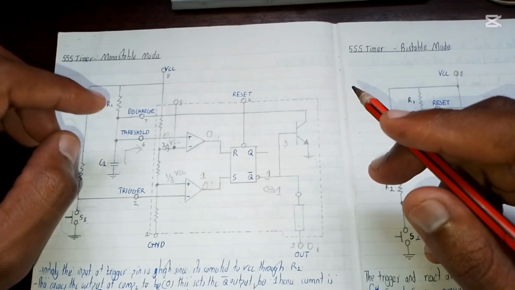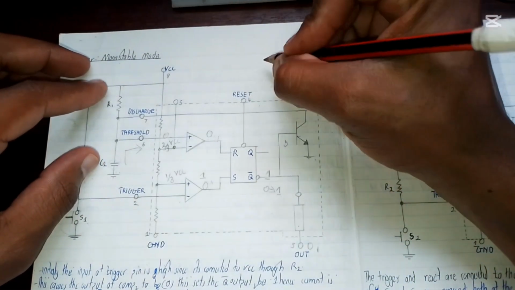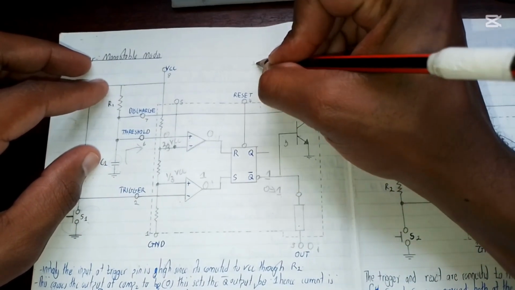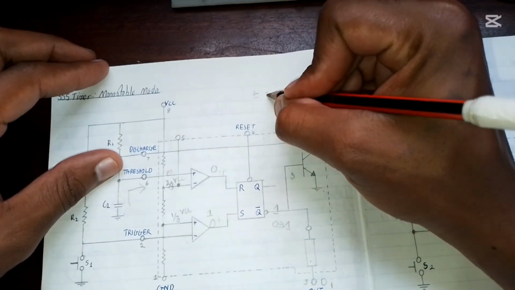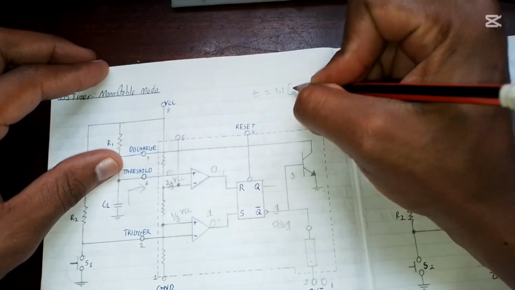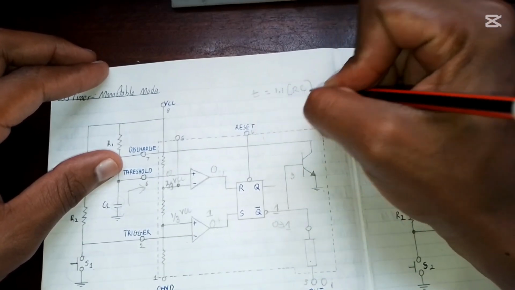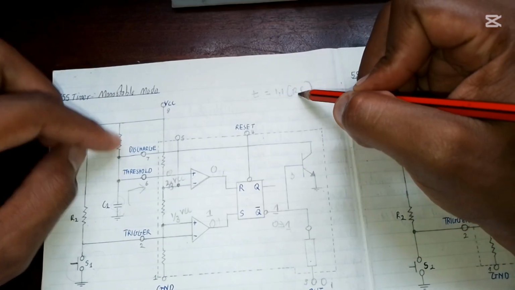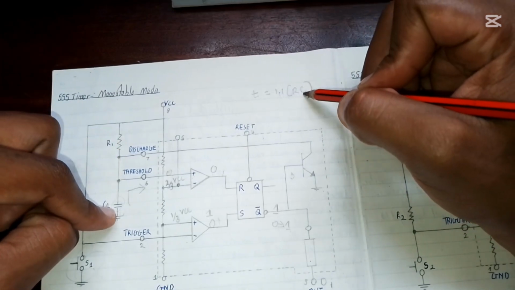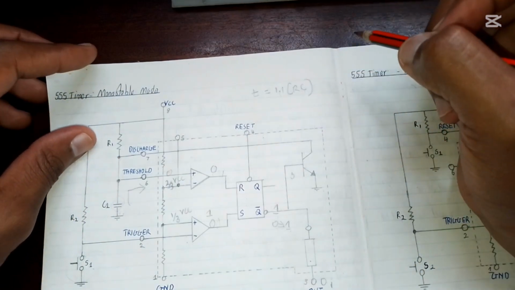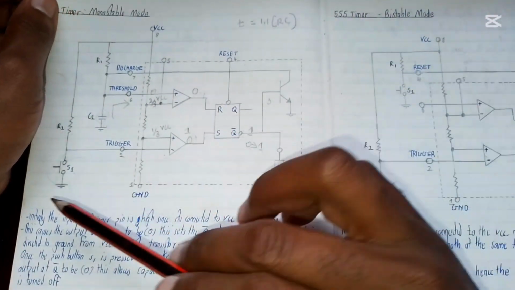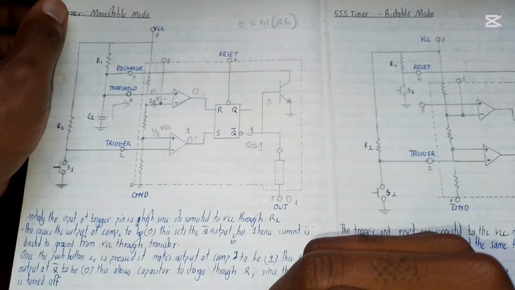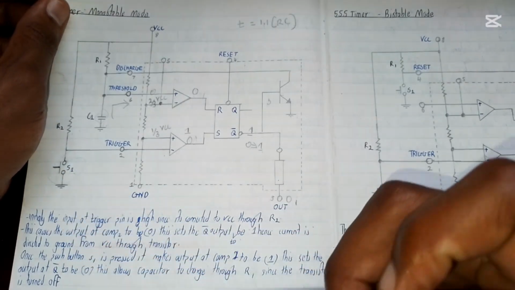You calculate them using the formula. If you remember, the time is equal to 1.1 RC. 1.1 is the constant of the formula, R is the resistance, and C is the capacitance, and then you get the time in which the circuit will be on once you push the push button.